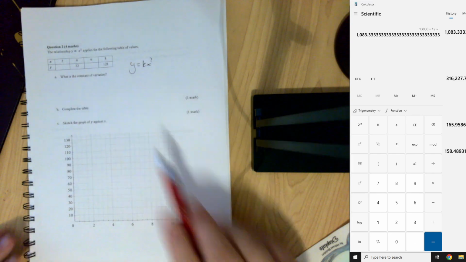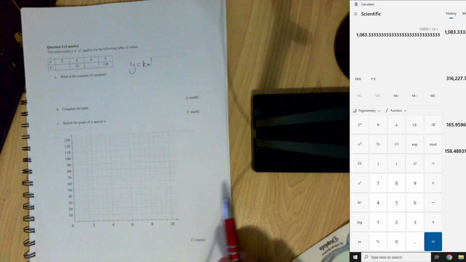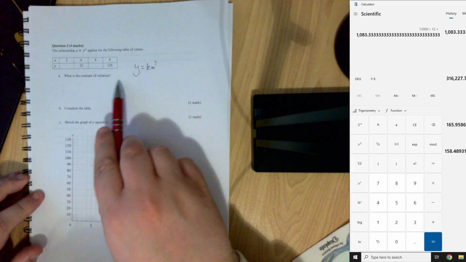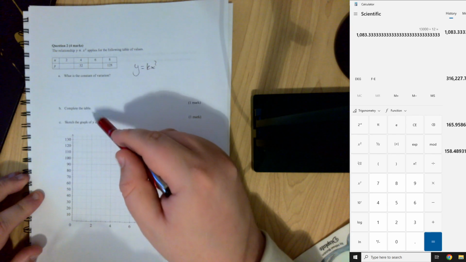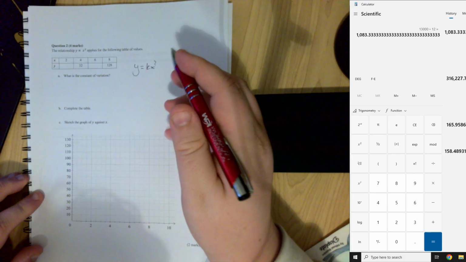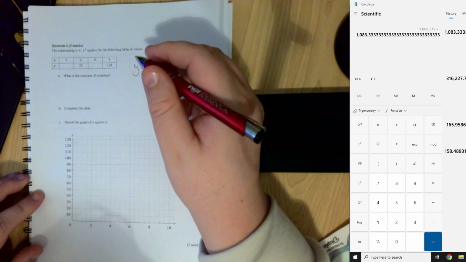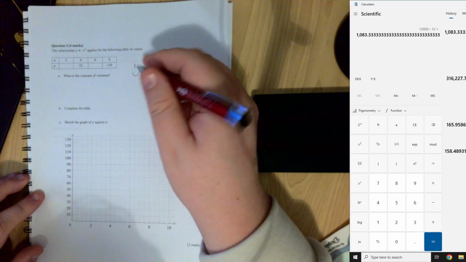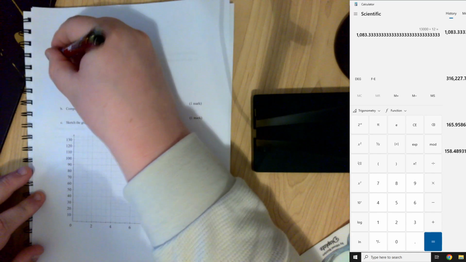We can't exactly be sure, so that's also interesting that it asks to find k before completing the table, which seems to suggest that it's not as easy as it seems. So let's do that. So let's fill in x squared.